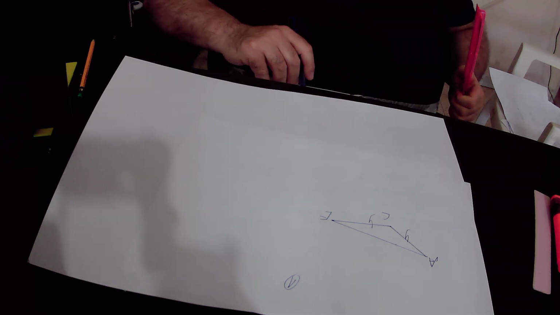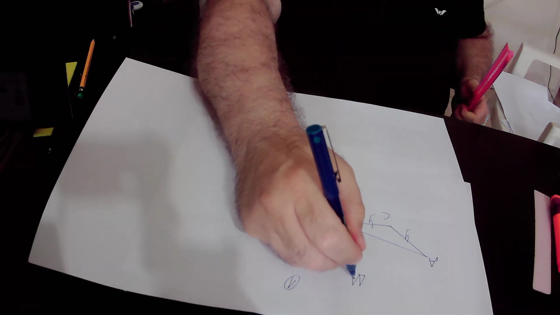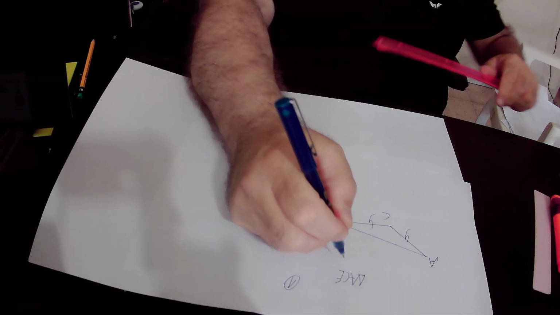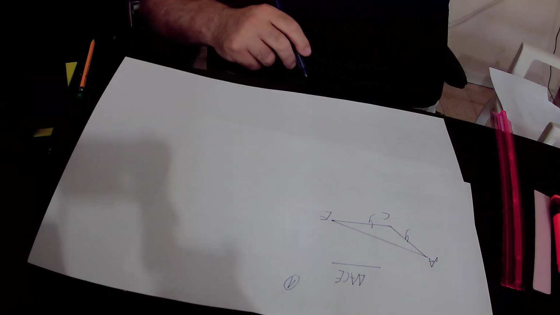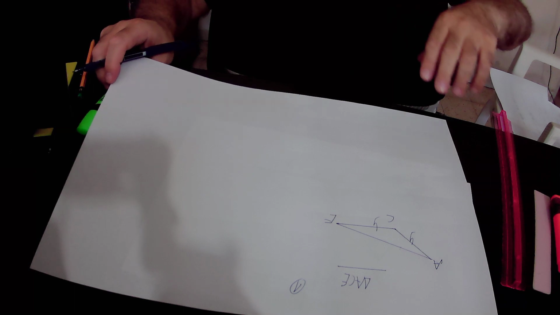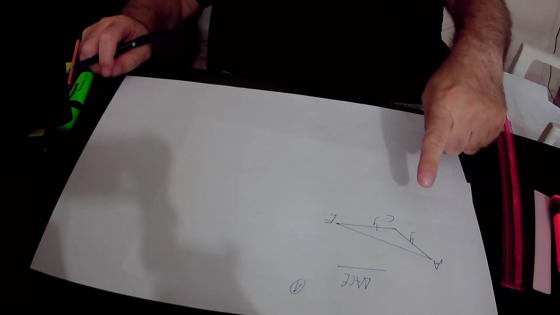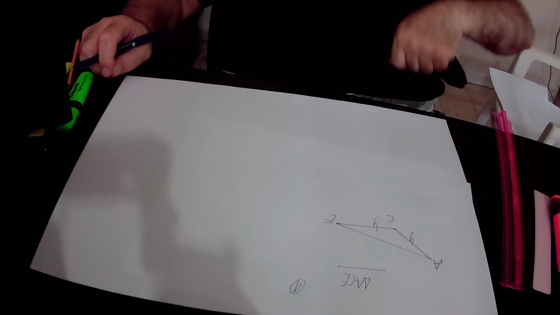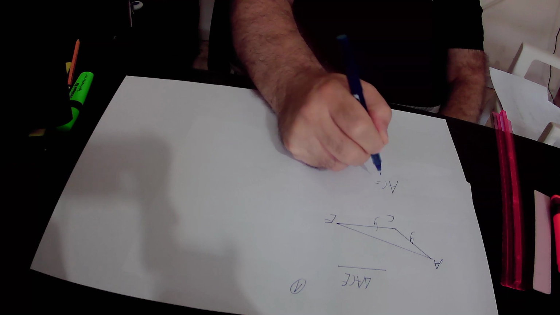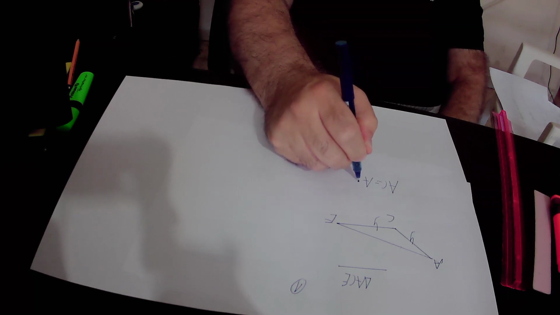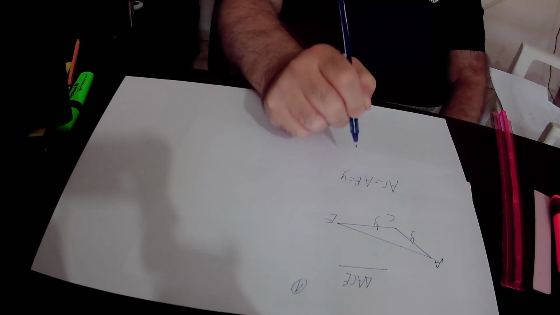So this is triangle ACE that I copied from the original drawing. In triangle ACE, both side AC and side CE are equal to y. Therefore, AC equals to CE. They are both equal to y, therefore they are equal to each other.